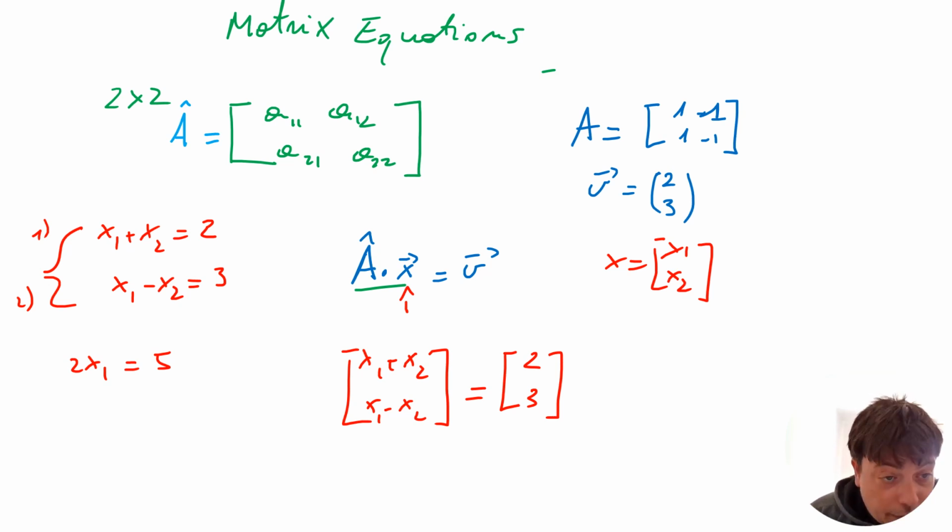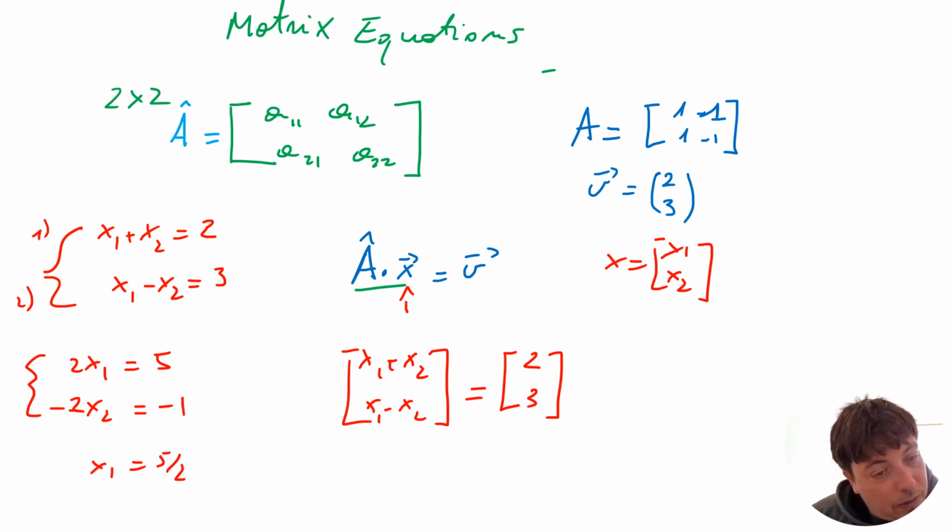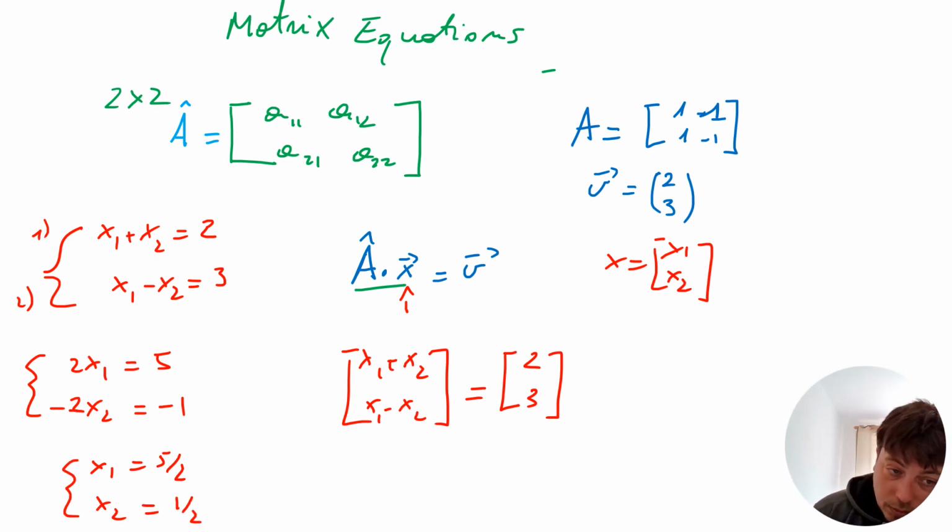And then if we do the difference between the two equations, we get minus 2x2 is equal to minus 1, because we do the difference. 2 minus 3 is minus 1. And then you can solve them one by one. It's easy now, because we can just divide this one by 2, and this one by minus 2, and x1 is 5 over 2 and x2 is 1 over 2. And those are the solutions.